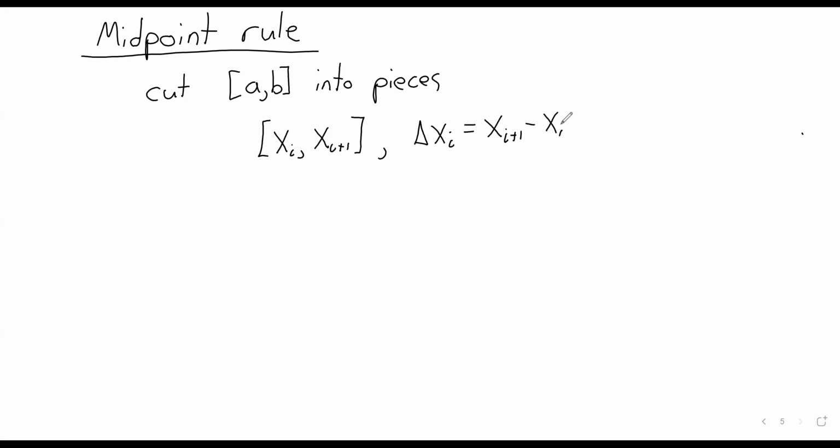Again, you can usually just assume the pieces are the same size and not worry about keeping track of each of their individual lengths, but that's the width of the piece right there.